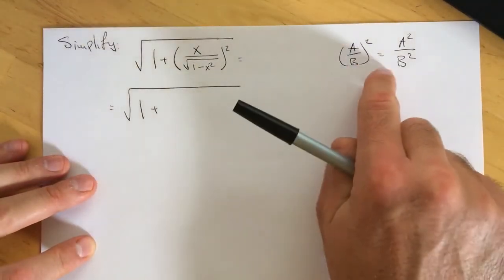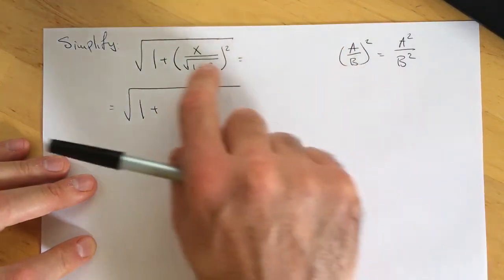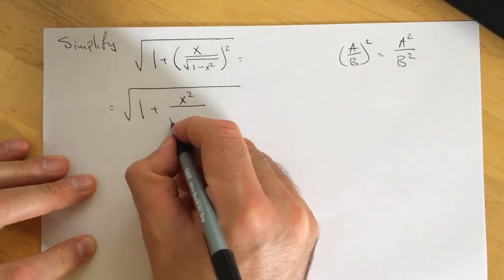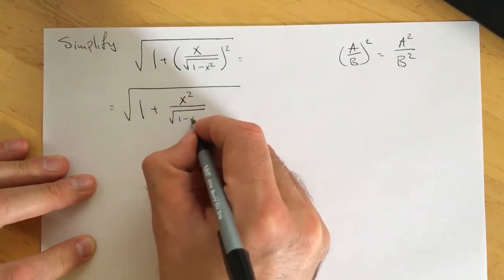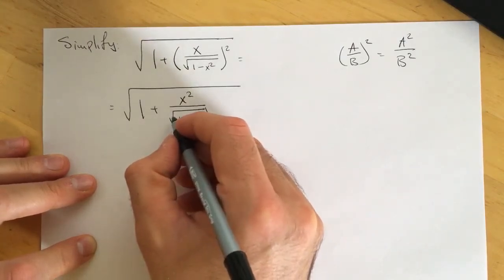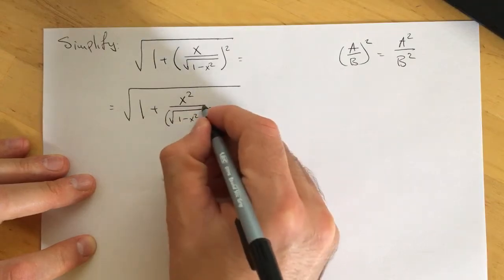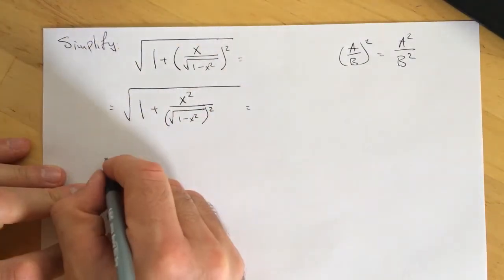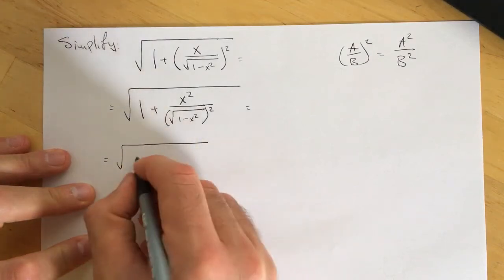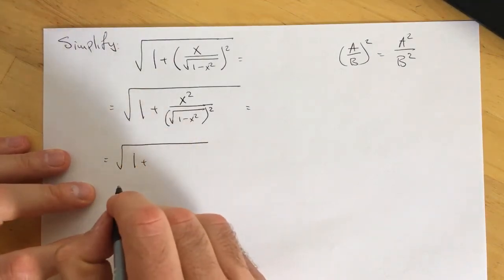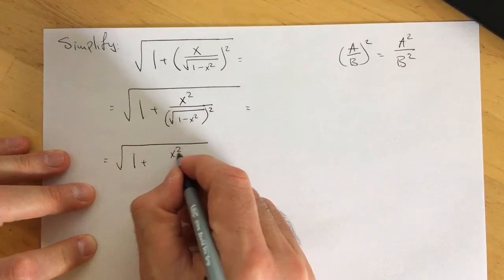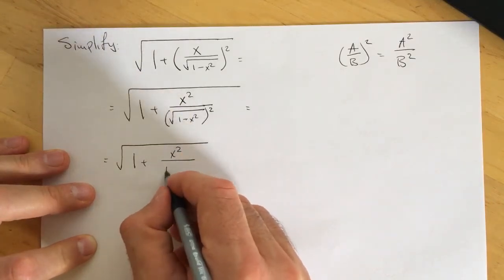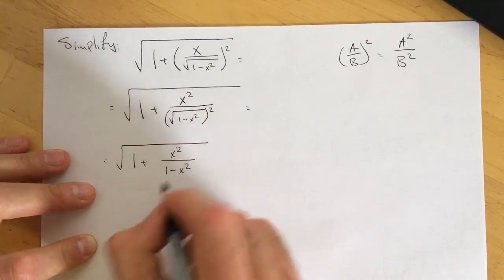So I'm applying this property for my expression right here, and I have x squared over the square root of 1 minus x squared and then squared, which is equal to the square root of 1 plus x squared over, the square root of a squared is just a, so we have 1 minus x squared.